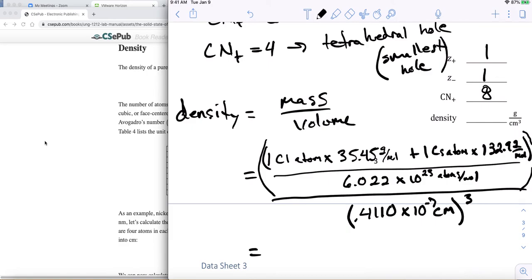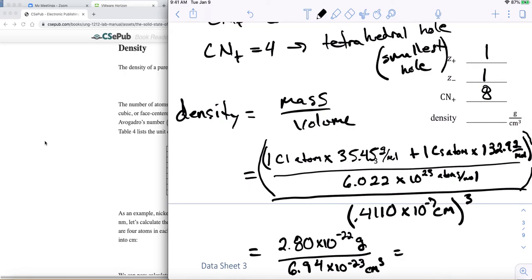I get a mass that's about 80 times 10 to the minus 22 grams, all divided by a volume of about 6.94 times 10 to the minus 23 cubic centimeters, which now when I take mass divided by volume in this case, I get about 4.03 grams per cubic centimeter for a final density.